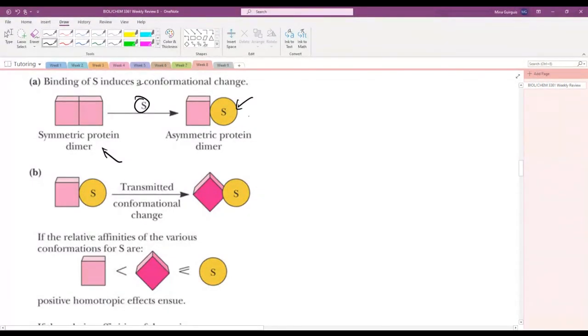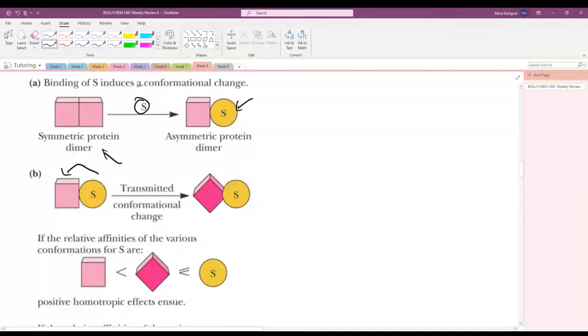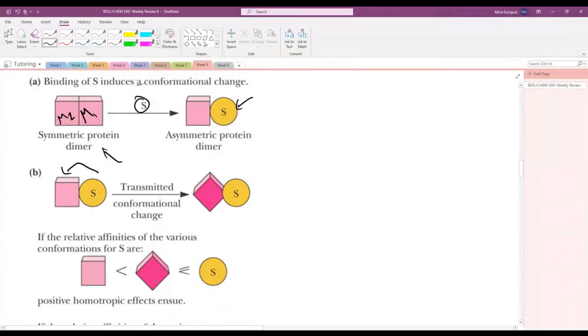That change in conformation changes the other monomer. This could be something as simple as, and I'm just going to call these M1 and M2, for monomer 1 and monomer 2, when M1 binds to my substrate, that makes it shift a little bit, or it forces the negative charges to all point out to bind to my positively charged substrate.